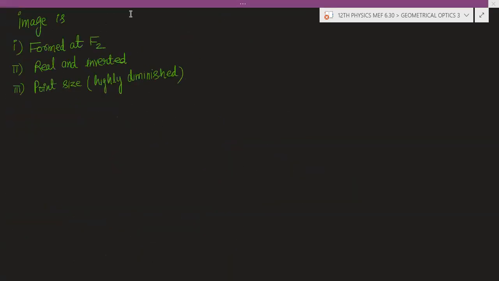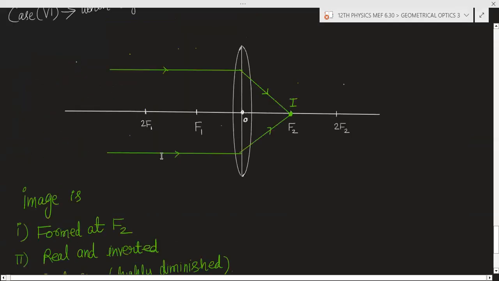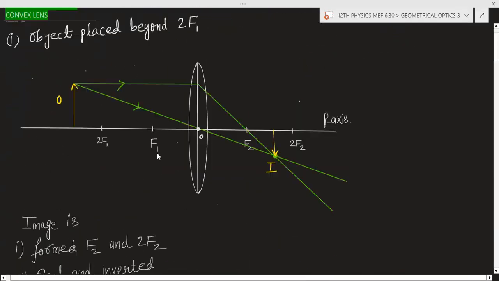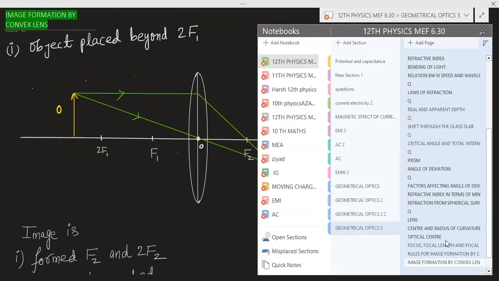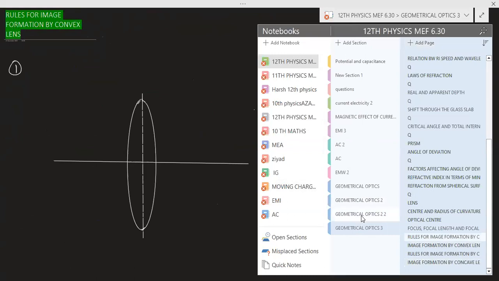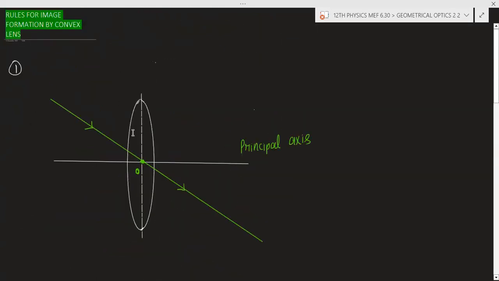Now we will see rules for the image formation by the concave lens. Earlier we have seen rules for the image formation by the convex lens. In case of the convex lens, if a ray of light is passing from the optical center, it will pass straight.